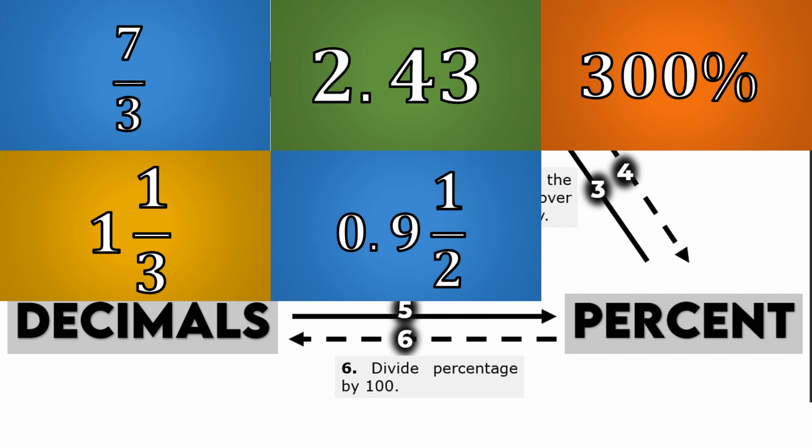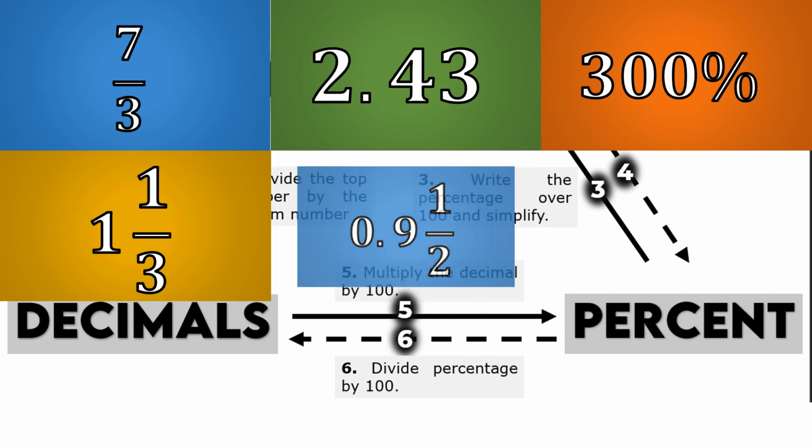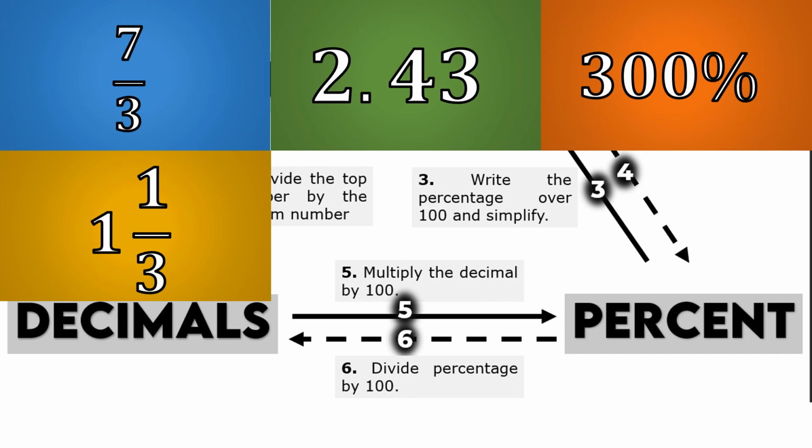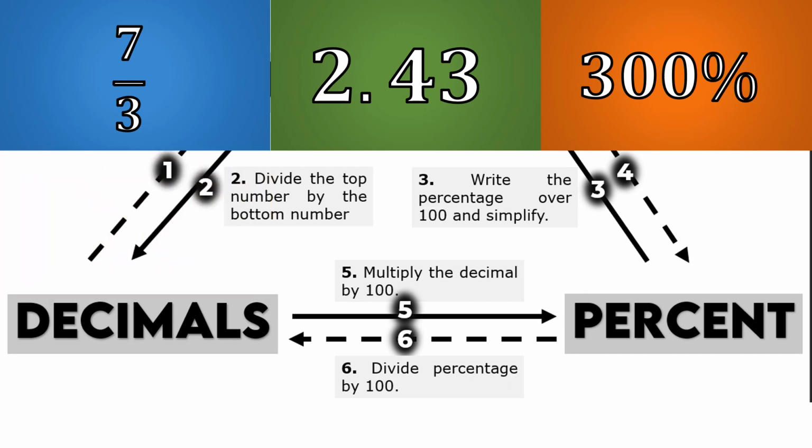Next, we have 1 and 1/3. In decimal, we can write this as 1.3 with a bar. This means that it is a non-terminating, repeating decimal. Next, after that is 7/3, which in decimal is, again, 2.3 with a bar on top.